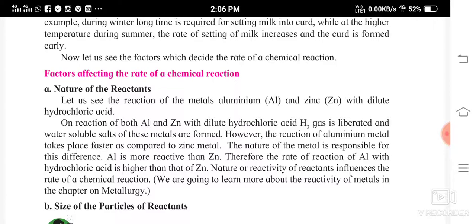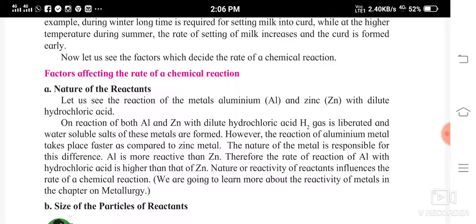Now see, you are going to take two metals, aluminium and zinc, and you are going to see how fast the reaction is going to take place when you add dilute hydrochloric acid to each of them. The reaction of aluminium with hydrochloric acid is going to be fast.